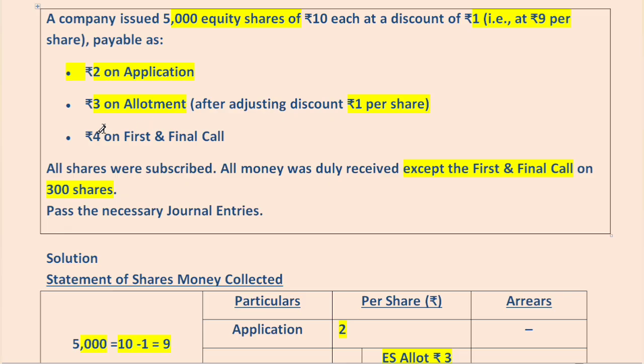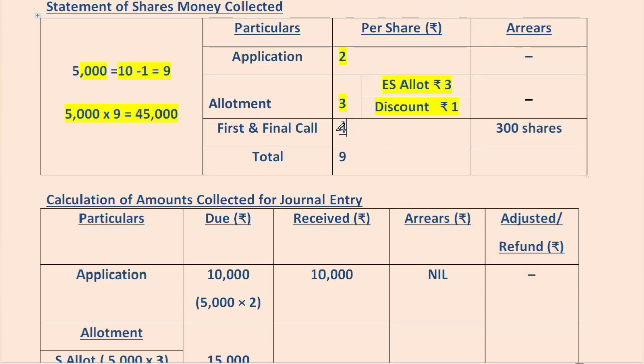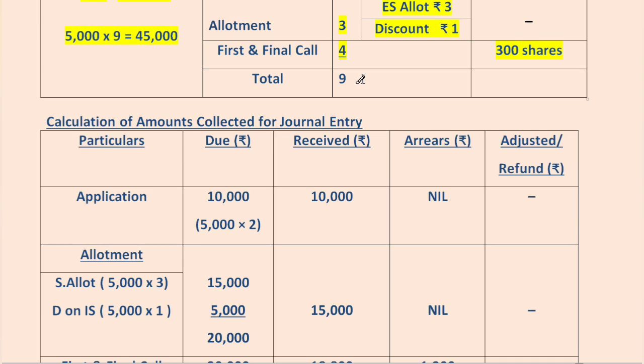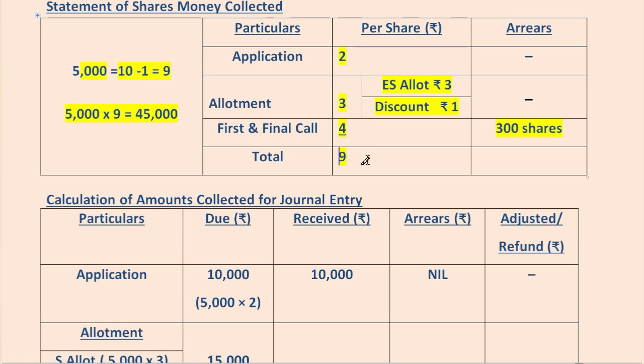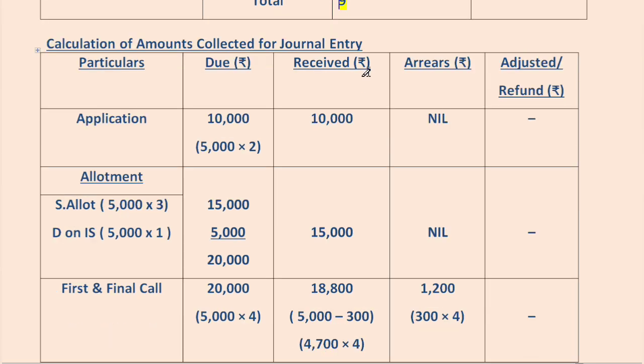And the first and final call is 4 rupees. Like that they have collected the amount. At the time of first and final call, 300 shares were not paid, which are arrears. So in total they collected 9 rupees per share, because 1 rupee is discount. Now the next statement is the calculation of amount collected for journal entries.